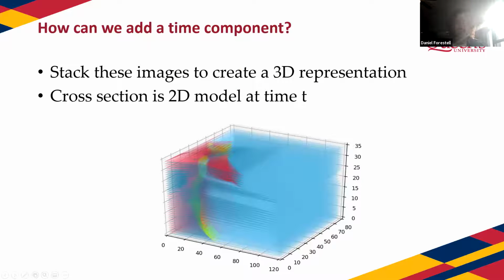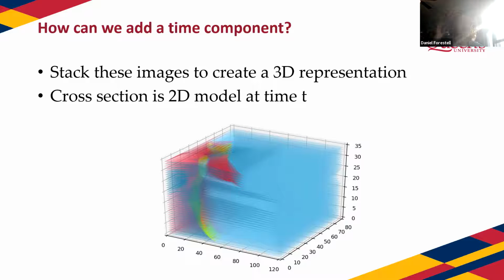And so next we want to add a time component to these. It's all great to look at those individual models or those individual pictures of the pitch at a given time, but we wanted to see how these evolved over time. So to do this, we created this 3D model. This is an example of one just using the Voronoi regions.